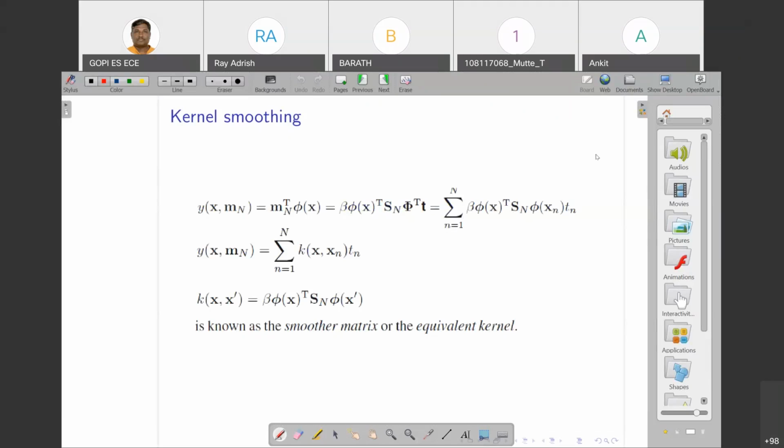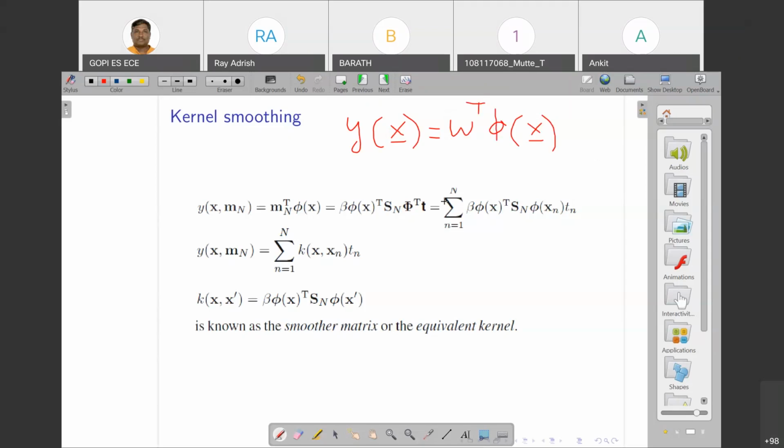You know that y of x is nothing but the model W transpose phi of x. So that is the model. The linear regression model is like this.